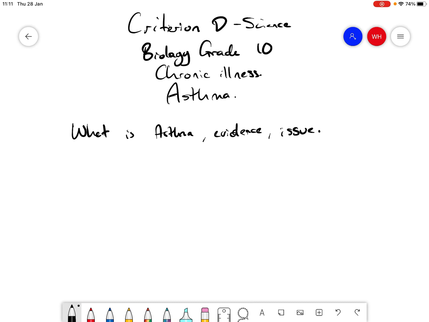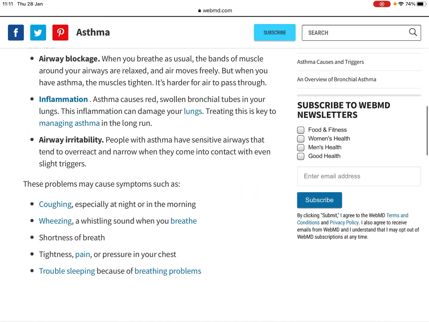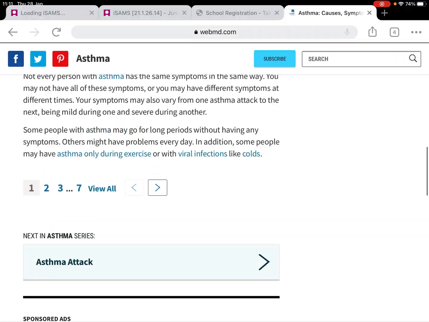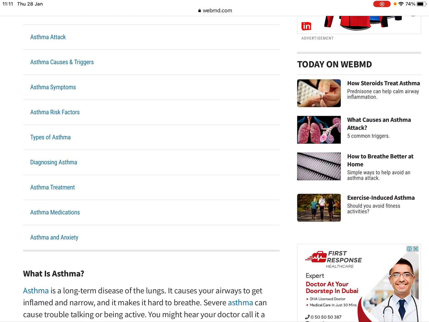And then like paragraph 2, or this might take up maybe 2 paragraphs, the second section is where you look at a solution. So you would explain a solution to it. For asthma, it's the inhalers.